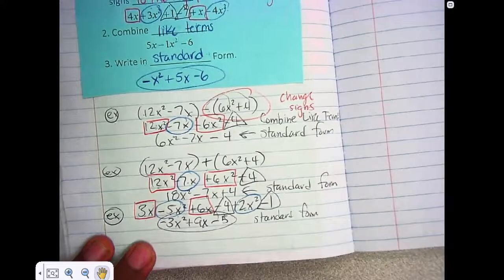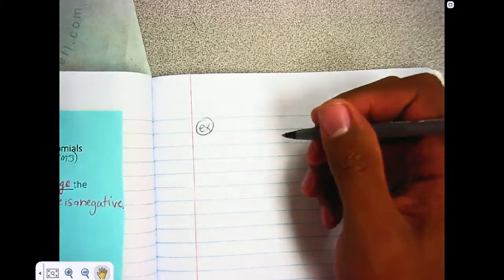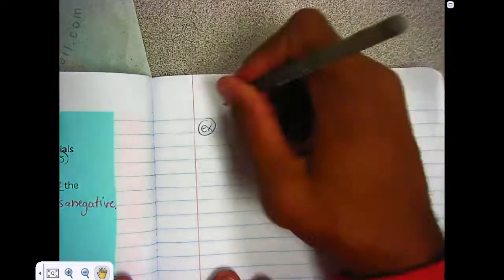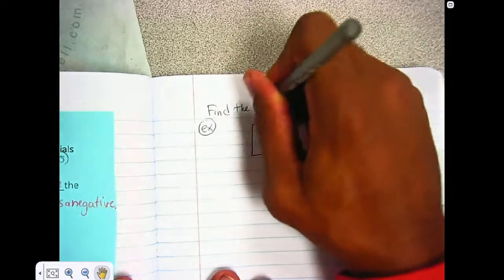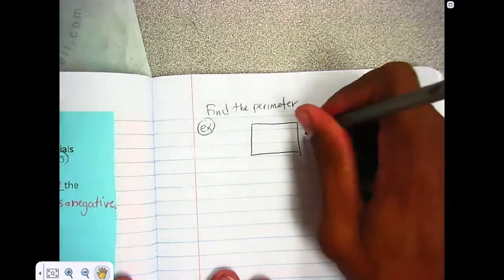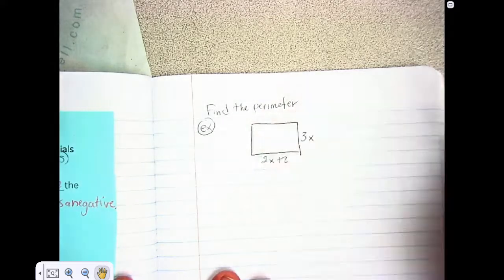I'm going to add one more to your notes to help you with the homework that you're going to be doing in the worksheet. So you guys can flip over to the next page. If I have a shape, let's say a rectangle, and I say find the perimeter, and let's say this side is 3x, and this side is 2x plus 2.